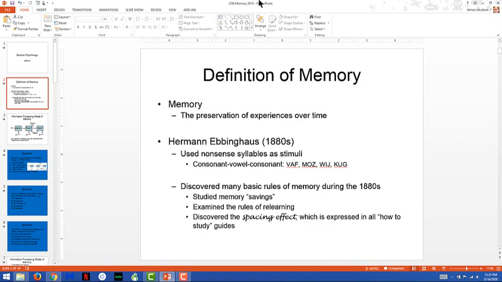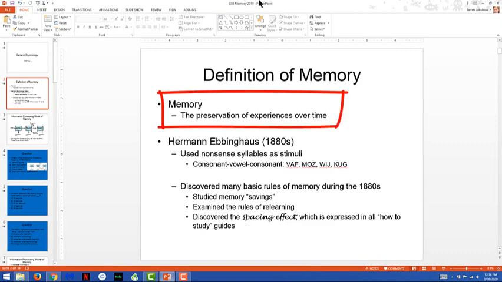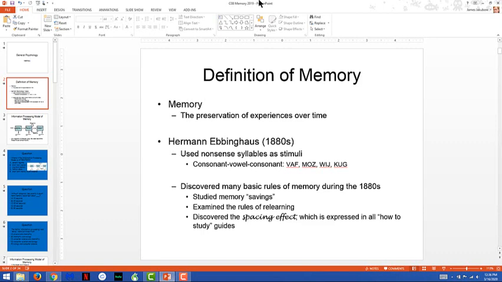However, I don't believe that memory is understood well enough to take this decades long general definition of memory, such as this, the preservation of experiences over time, and to change it into some underlying biochemical pathway or some other discussion of underlying biological principles. More and more is known about memory as each decade goes by. However, memory is not completely understood.